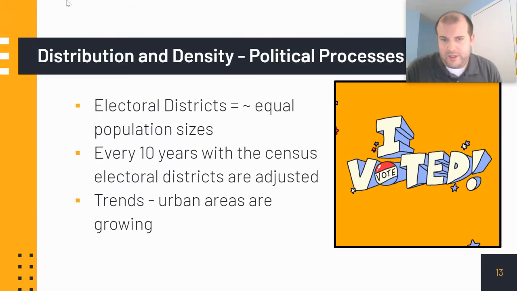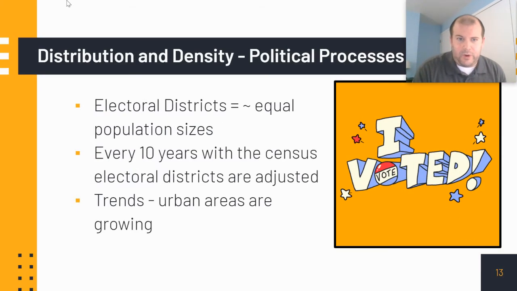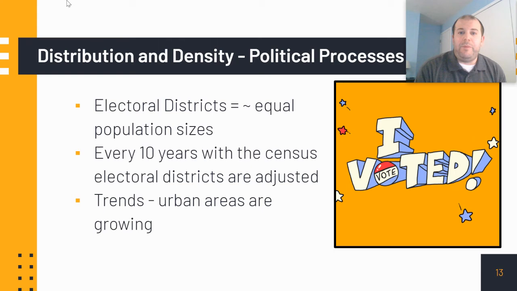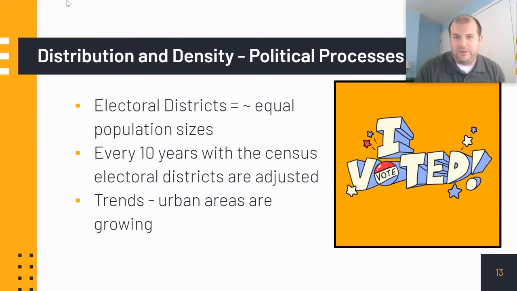Well, let's look at political processes. Every state in the United States is broken down into electoral districts of roughly equal population size, and they have to be equal in population size based on law. Now, what does each electoral district do? It is where people vote for a member of the House of Representatives in Congress.